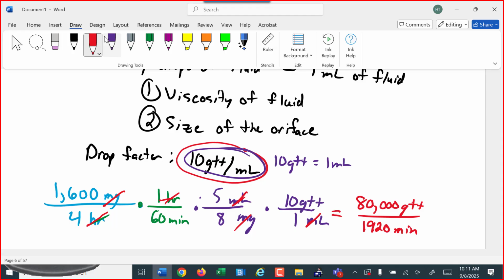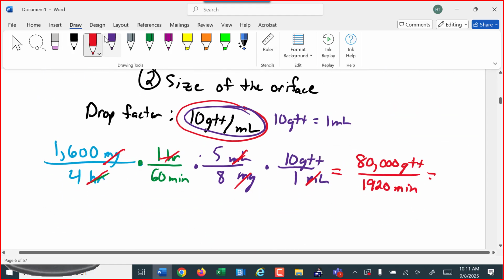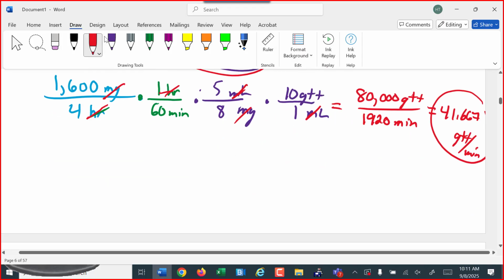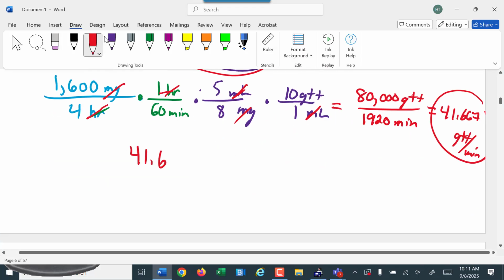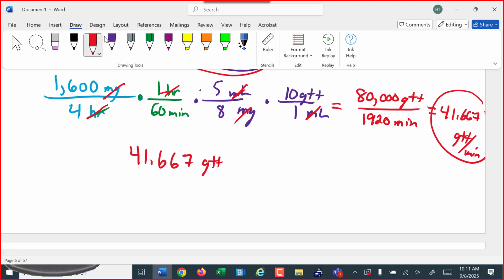Minutes. And when we divide that out, we're going to end up getting 41.667. It'll be drops per minute. Now, there are rounding conventions there depending on what type of infuser you're using. And I'll let Karen go over that when you get to it.